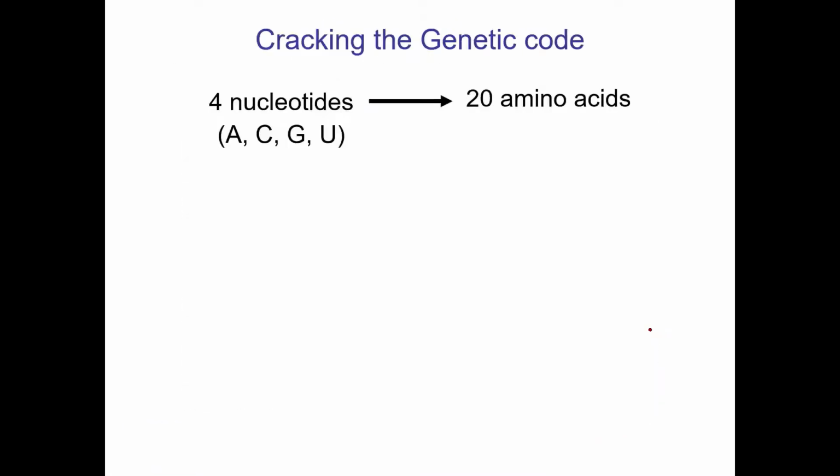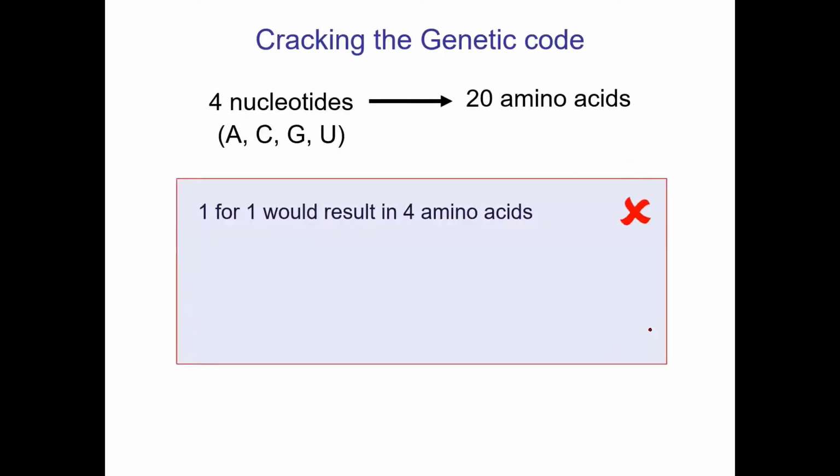So they kind of knew this, right? We have 4 nucleotides, we have 20 amino acids. Okay, so we can't just do a 1-for-1, 1 nucleotide equals 1 amino acid. So what if we did a 2-for-1? If we had 2 bases, that gives us 16 possibilities. Okay, that's not going to work.